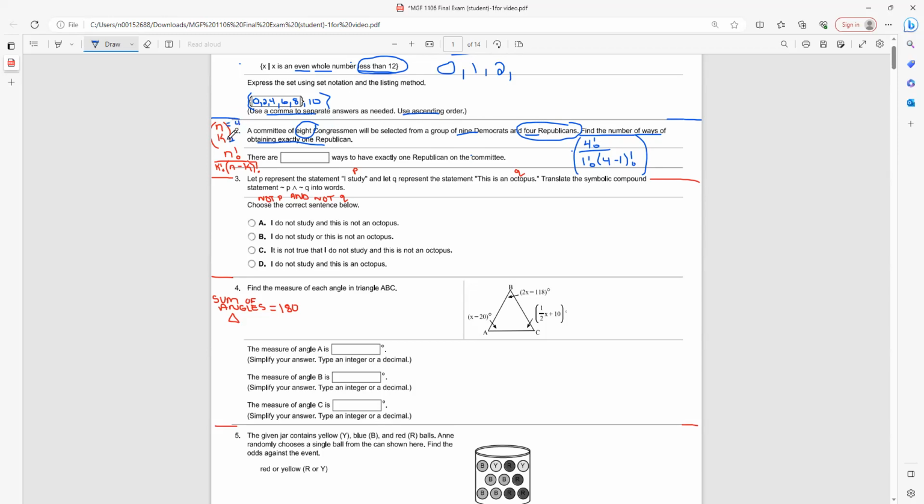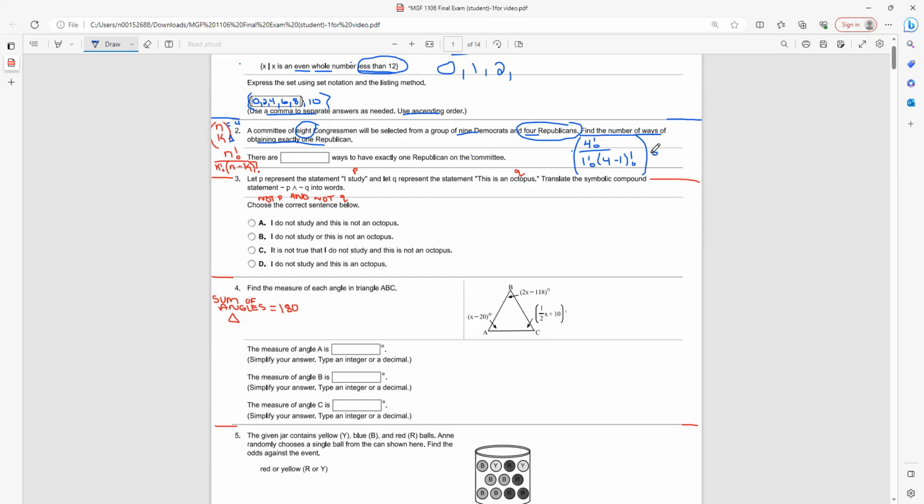So this formula, the factorial formula we want to use for N choose K. We have 4 Republicans to choose from. We're choosing 1. So our N, we would substitute 4 factorial in the numerator. In the denominator, K factorial, since we're choosing 1 at a time, our K is going to be 1 factorial in the denominator, and N minus K, or 4 minus 1 factorial.